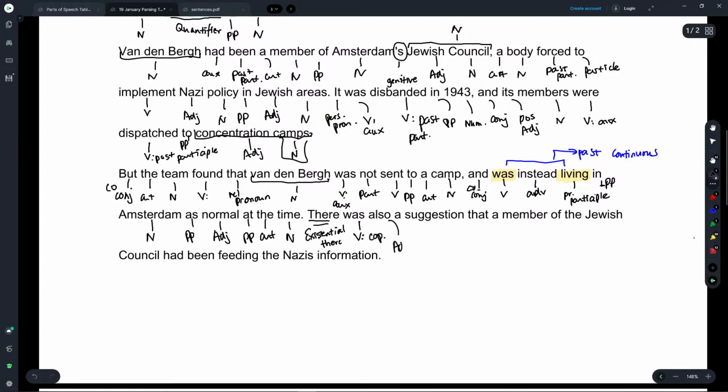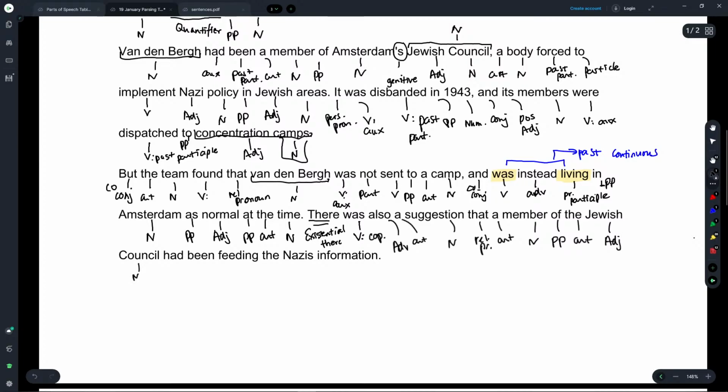Also, adverb, a, article, suggestion, noun, that, relative pronoun, a, article, member, noun, of, preposition, the, article, Jewish, adjective, council, noun.